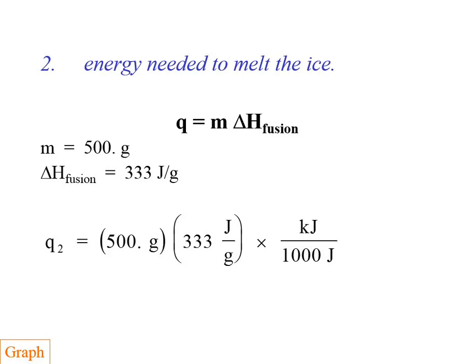So we take our mass of the ice, 500 grams, times 333 joules per gram, and let's get it into kilojoules, times 1 kilojoule for 1,000 joules. With 3 significant figures, it looks like 167 kilojoules of energy is required.